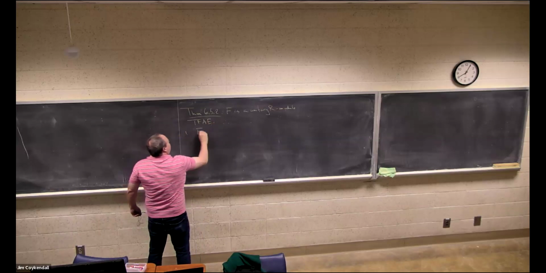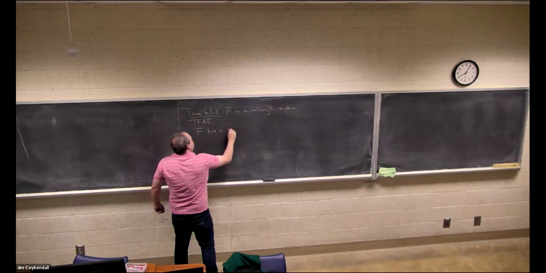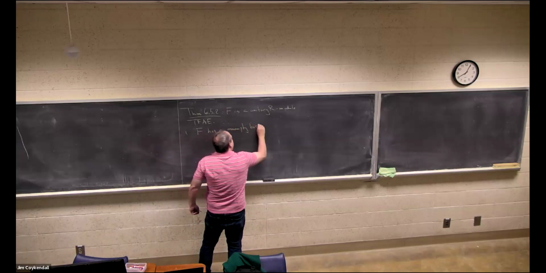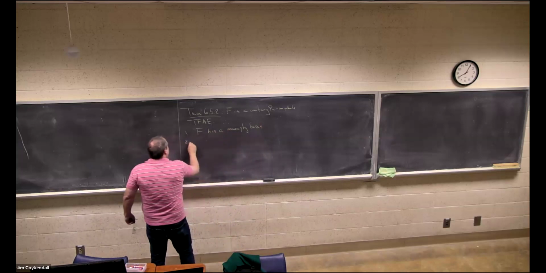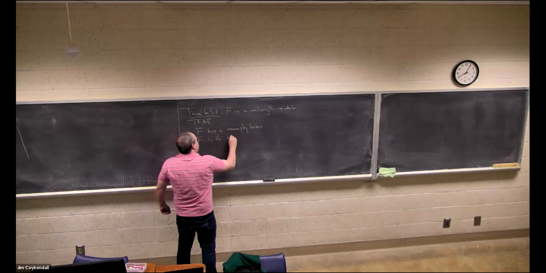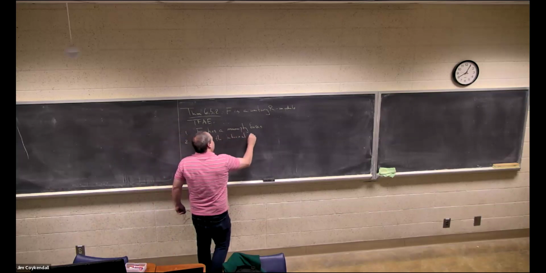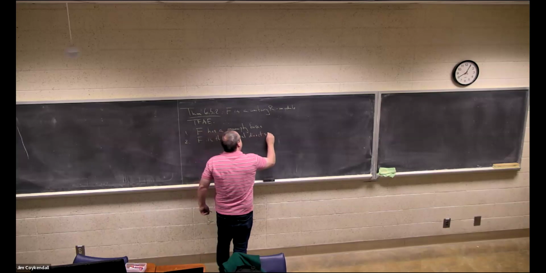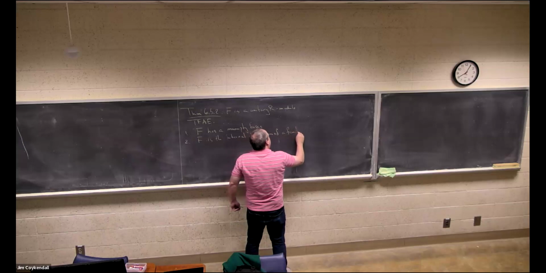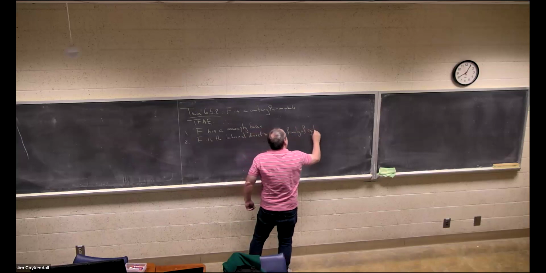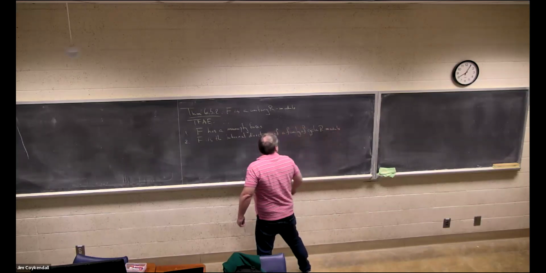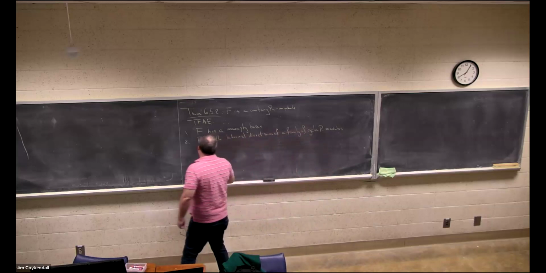One, F has a non-empty basis. Two, F is the internal direct sum of a family of cyclic R modules, each of which is isomorphic to R.